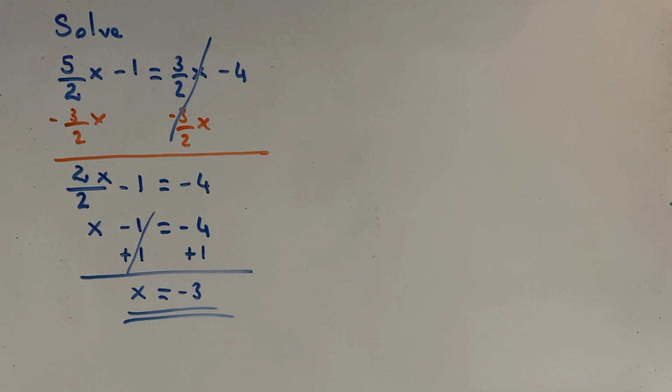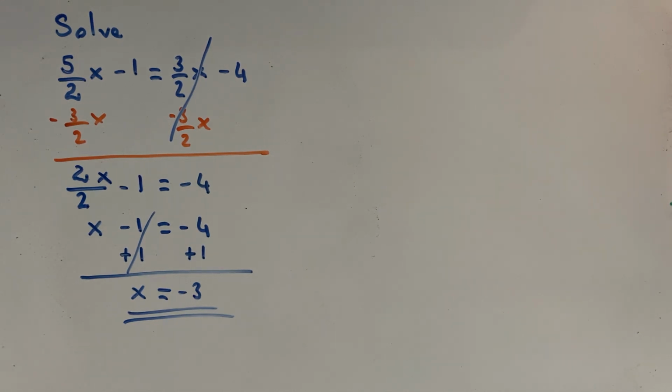So this is how you solve simple equations just by using some basic properties of real numbers. All right, let's see if I can try other ones here, just to show you.